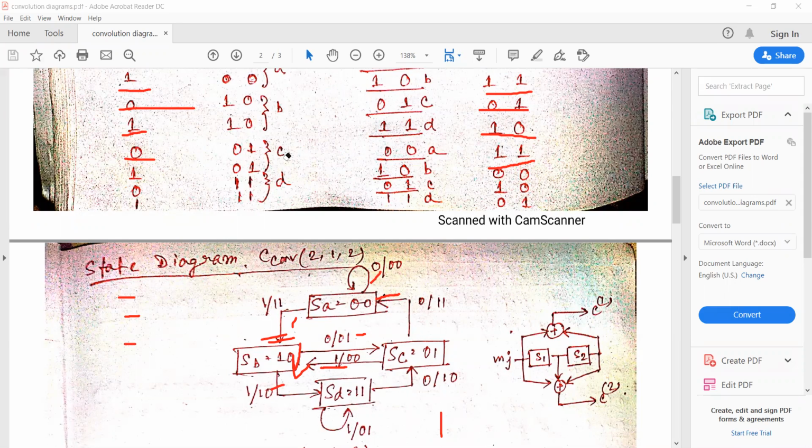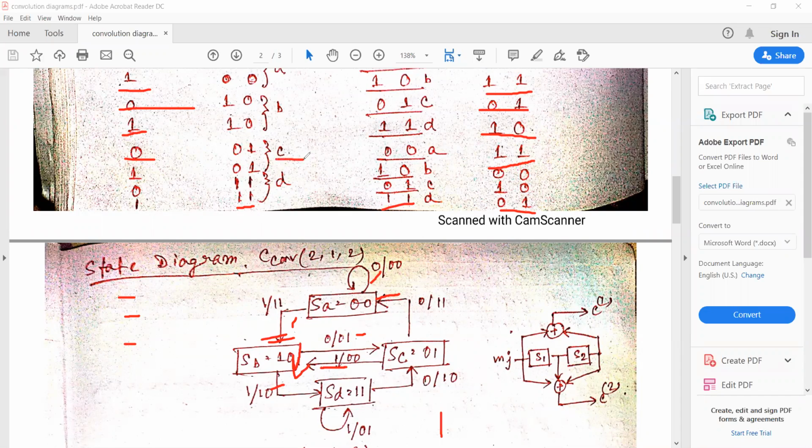When 1, 1, that means this 1, 1 is converted to this 1, 1. That means this is the present state and this is the next state. So I am using this self loop, and what is the condition? The input is 1, and the output is 0, 1. So in this way you can draw the state diagram, right?